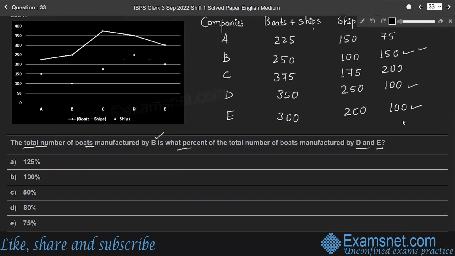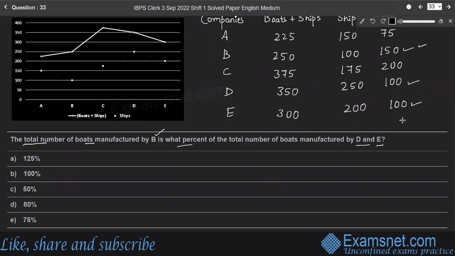Let us write: the number of boats manufactured by B is equal to 150, whereas the number of boats manufactured by D and E.